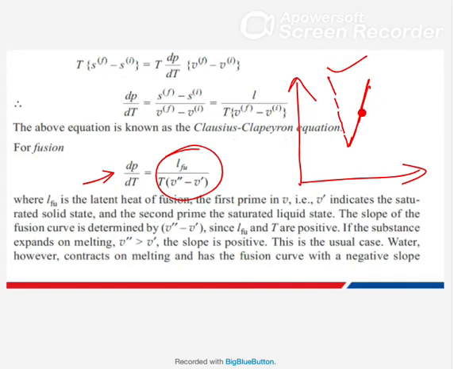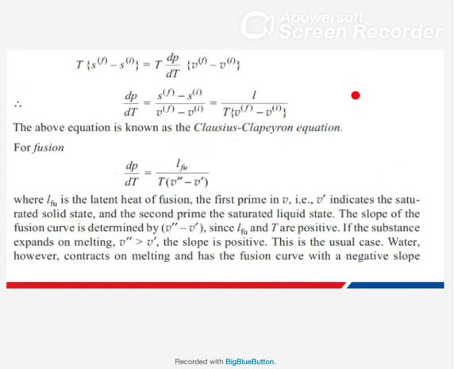Now we know this is the latent heat of fusion, and fusion is from solid to liquid. So let's say V' indicates the solid state and V'' indicates the liquid state. The slope of the fusion curve is determined by this difference only. Both are fusion curves, one for water and one for other substances. It depends upon this difference: if the difference is positive, the slope will be positive; if negative, the slope will be negative.